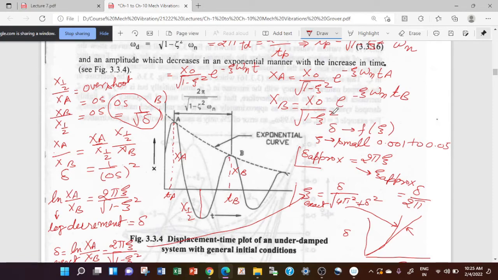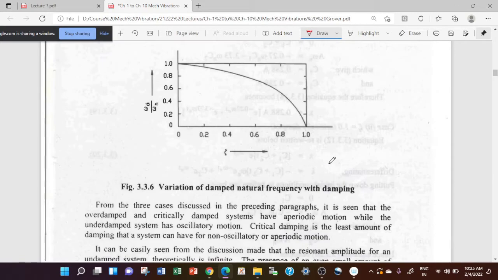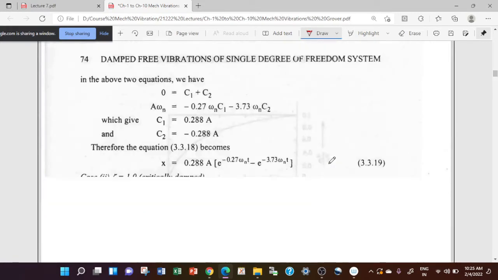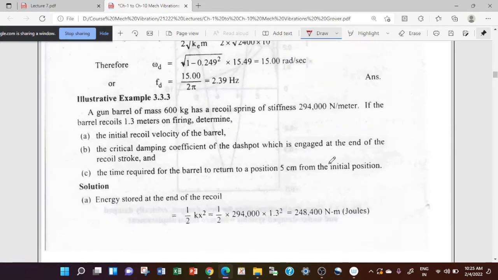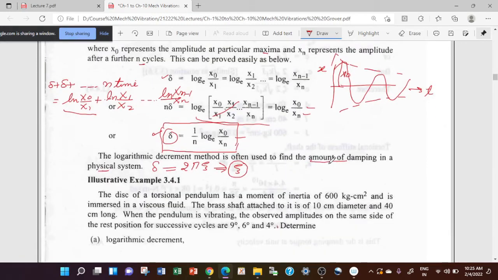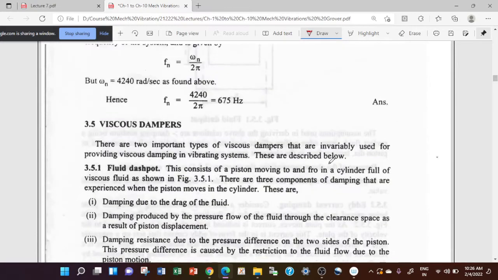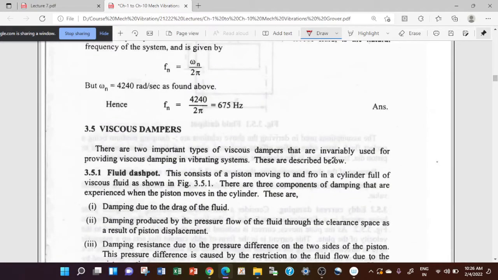Now let us discuss some other type of damping now. I have basically considered the fluid damping so far.